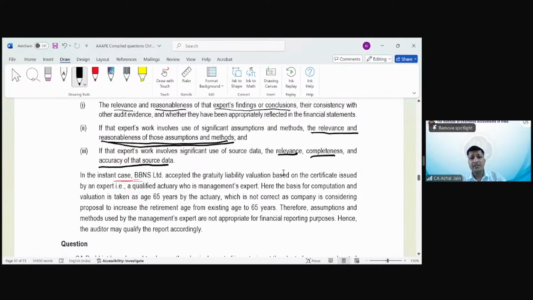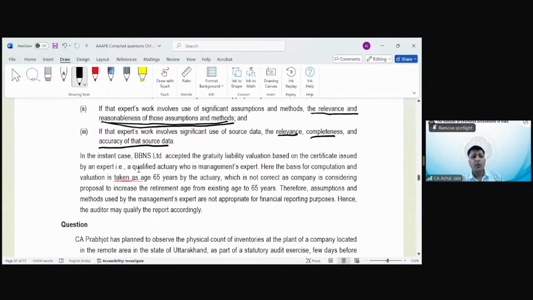In the given case, what do you have? BBNS accepted the gratuity liability valuation based on the certificate issued by the expert, who is a qualified actuary. Here, the basis for computation and the valuation is taken as 65 years, which is not correct. Why? Because the company is only considering a proposal to increase the retirement age. Therefore, the assumptions and the methods used by the management's expert are not appropriate.